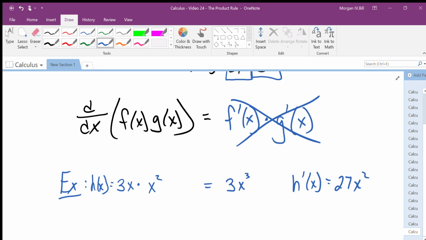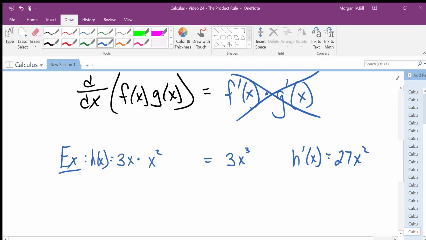But for this example, I want to show you with something that we already know the answer to that f prime of x times g prime of x does not work when you're talking about taking the derivative of 2 things multiplied. All right, so here goes. If instead of multiplying 3x times x squared to get 3x cubed, we kept that as 2 separate functions, whatever rule we're using here had better still end up with an answer of 9x squared, right?